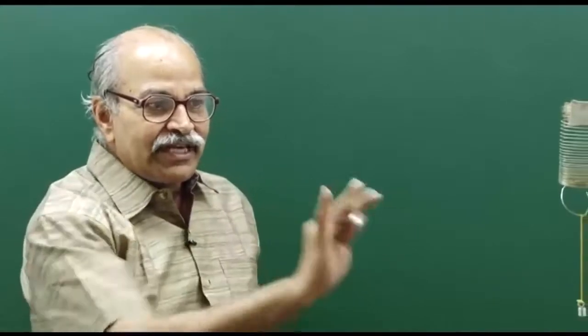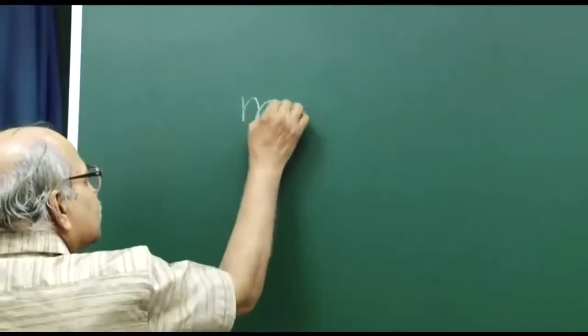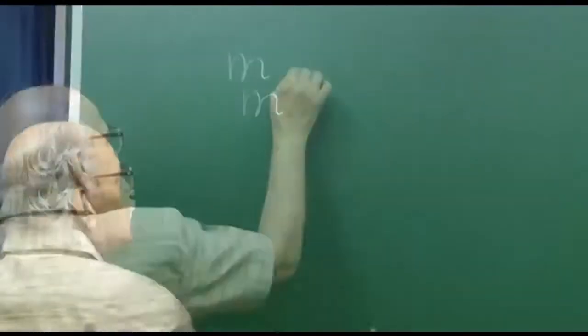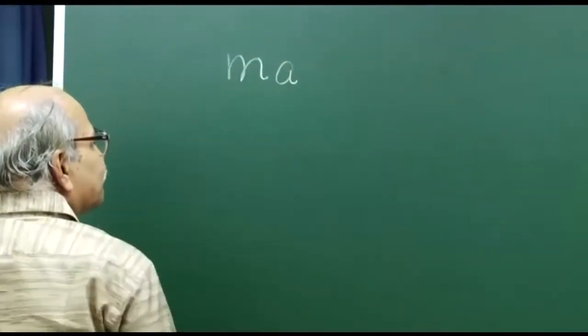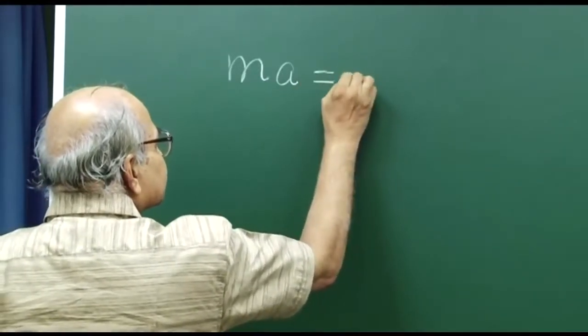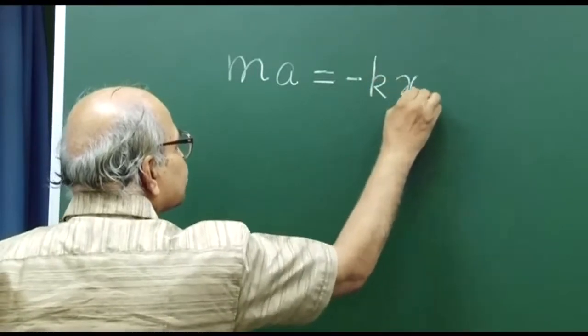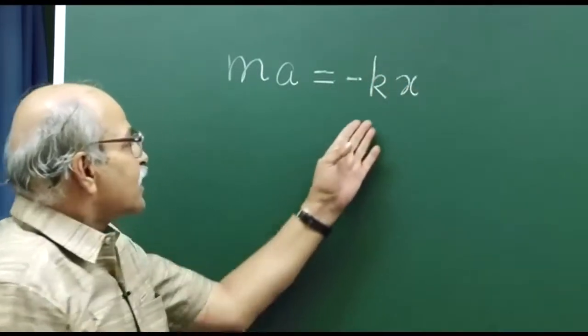The basic equation for an oscillation is something like this. If you have a particle of mass m, and I write the acceleration as a, this is equal to negative of kx. So, what are the things?